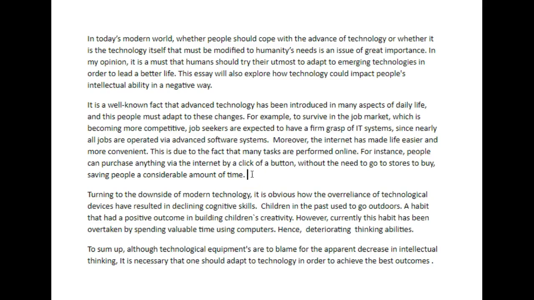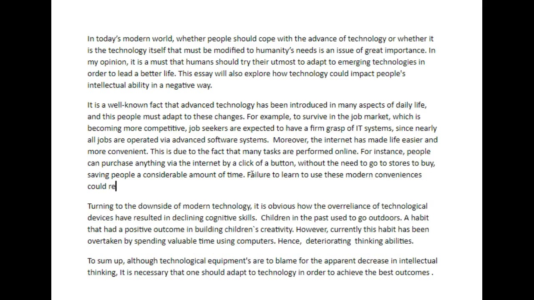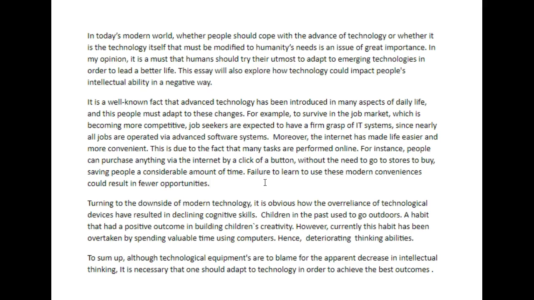We need a little bit of explanation here. The over-reliance has resulted. This should be a semicolon.